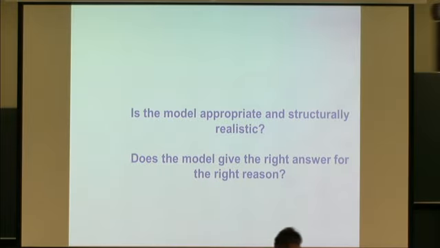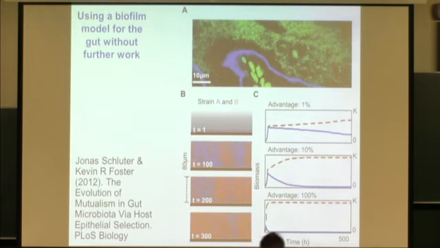Okay, some more examples of models where there are some problems. This is a model of mutualism in the gut.